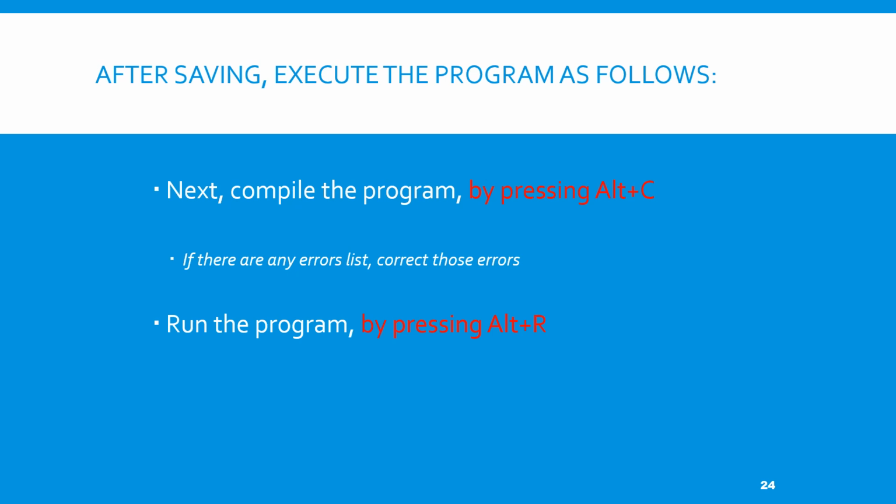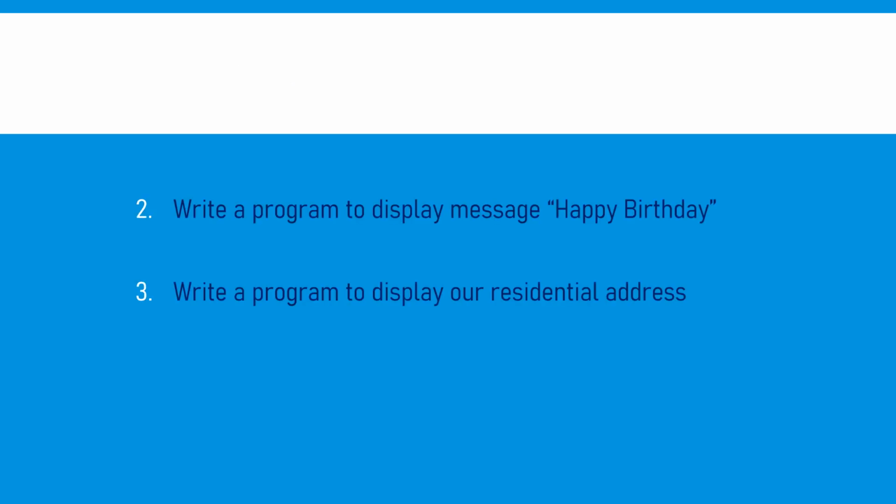Such errors must be corrected, save the program again, recompile the program, and on successful compilation, proceed to the next stage where you can run the program by pressing Alt key plus R together. So you will get the output window where the output will be visible.